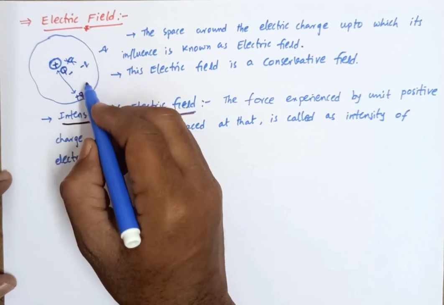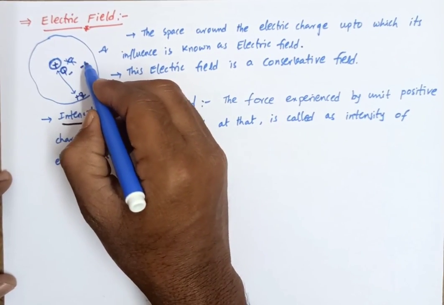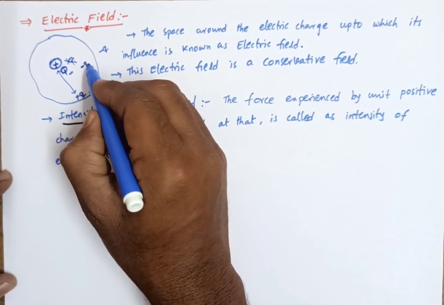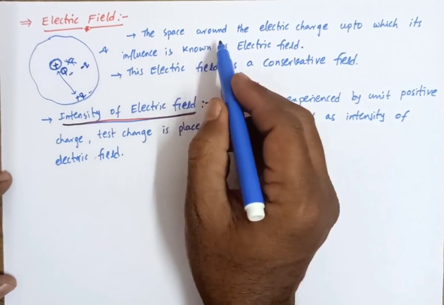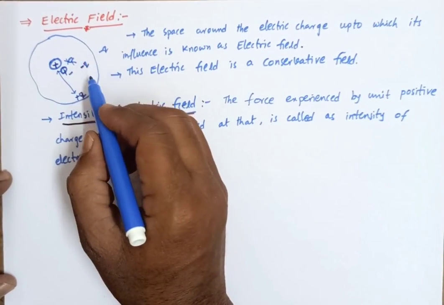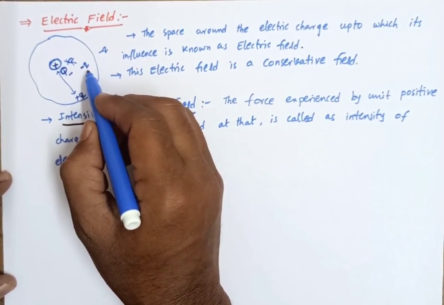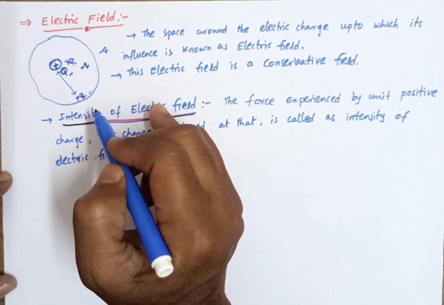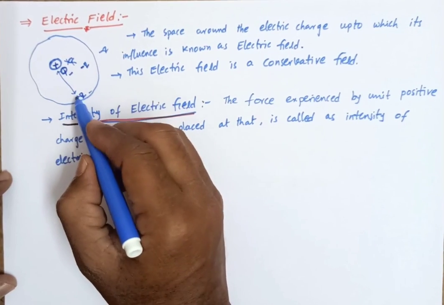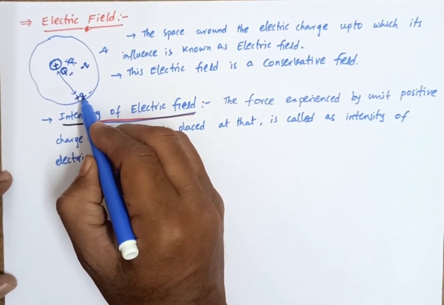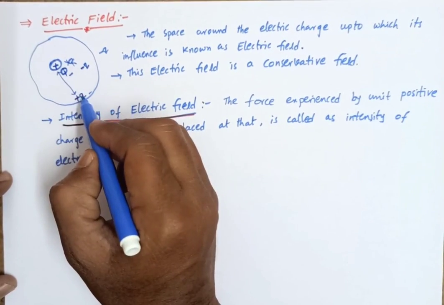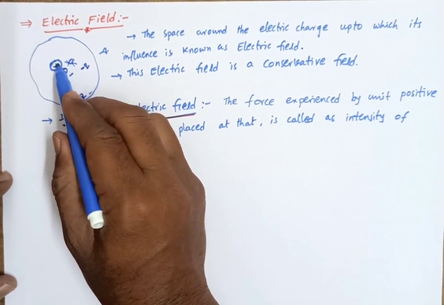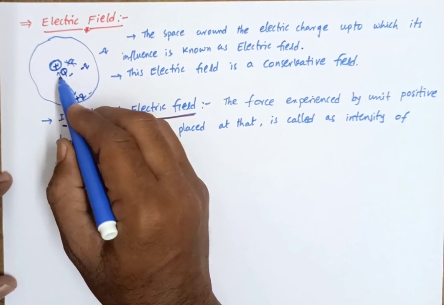For example, we keep a negative charge in this space, in this electric field. What happens? There is an attraction force between plus q and minus q. When we keep a positive charge plus q here, the plus q and plus q repel each other.